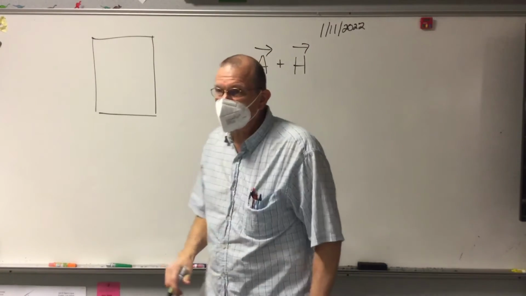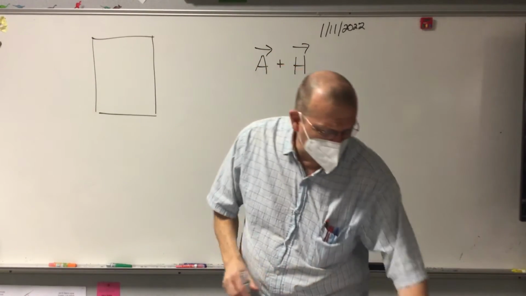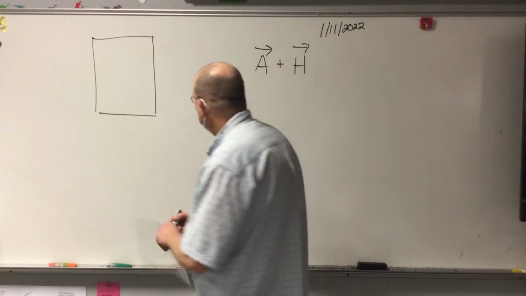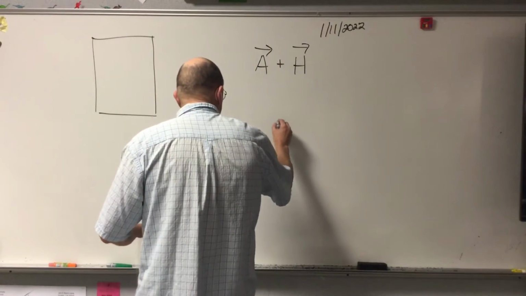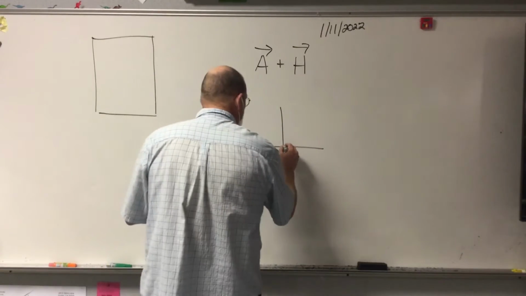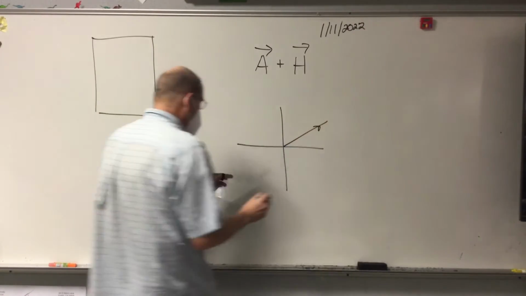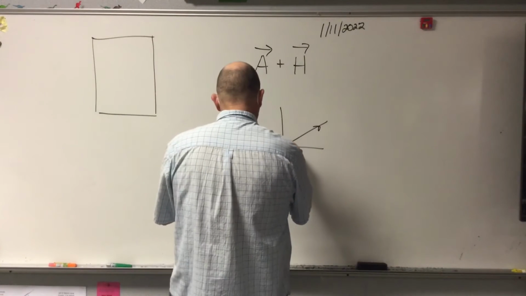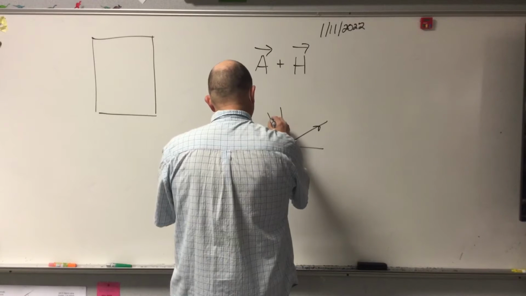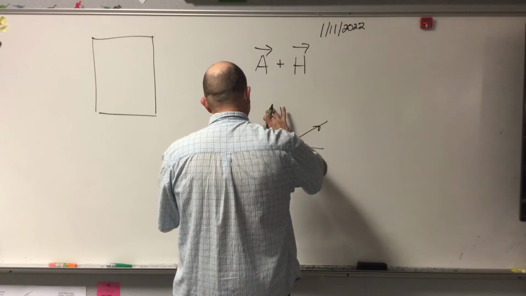A plus H. Now, if you look at your master list and where you drew them all on the coordinate axes, A kind of goes off in that direction, and H kind of goes off in this direction and is not quite as long.